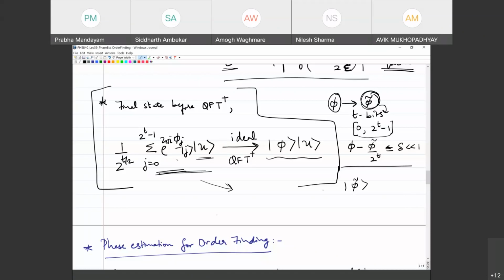So the idea is that when I measure this final state, I'm going to get something which is close to phi. And the probability that whatever I get is within some error bound of phi, that's what the probability is.